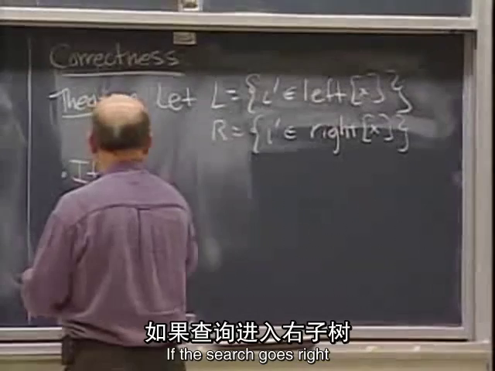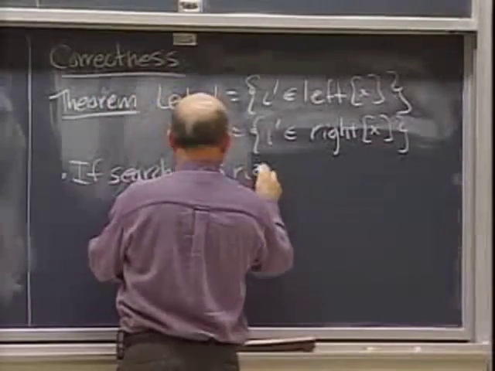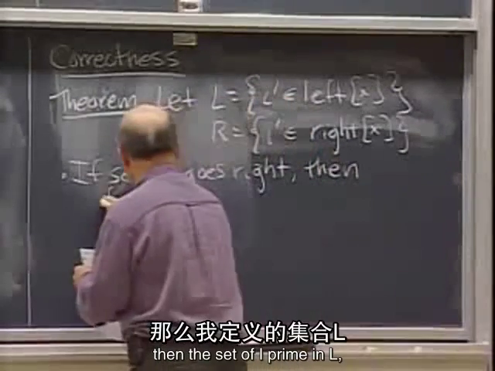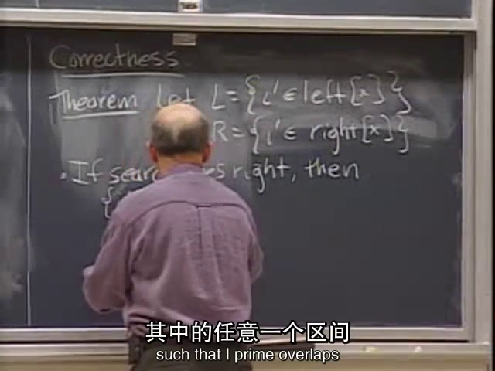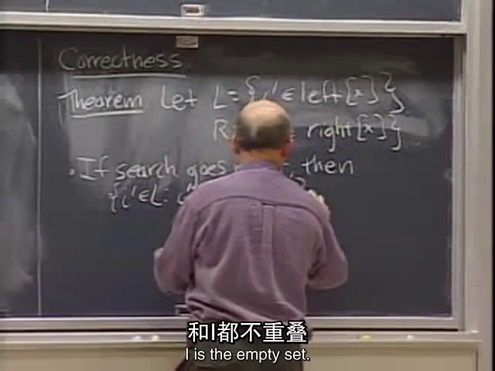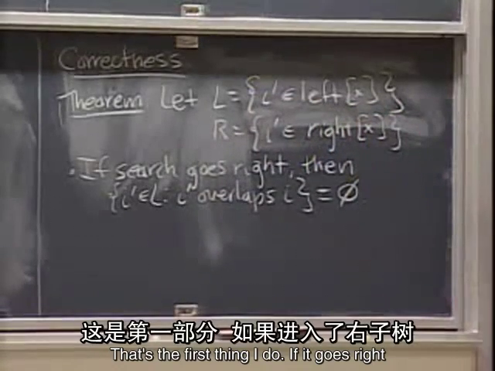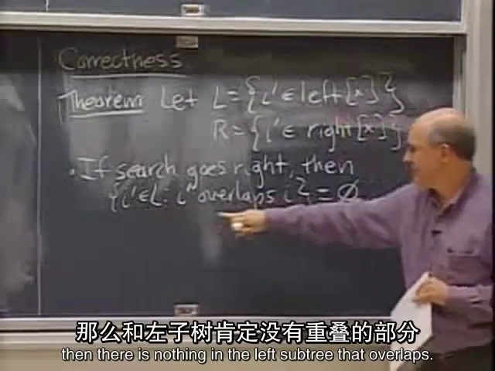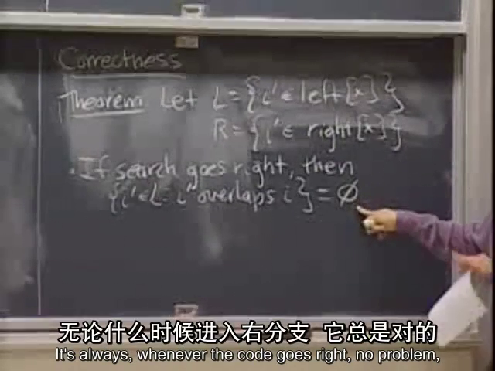If the search goes right, then the set of I prime in L such that I prime overlaps I is the empty set. That's the first thing I'm going to show. So if it goes right, then there's nothing in the left subtree that overlaps. So whenever the code goes right, no problem.